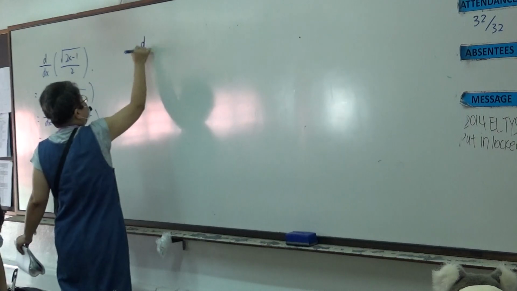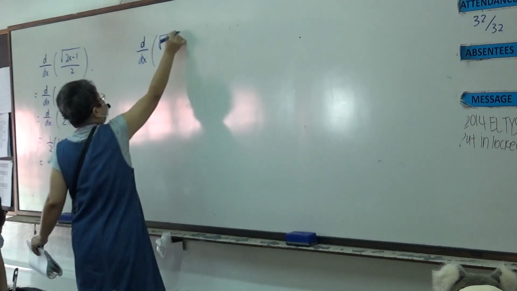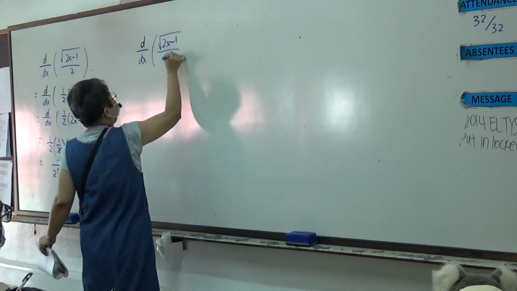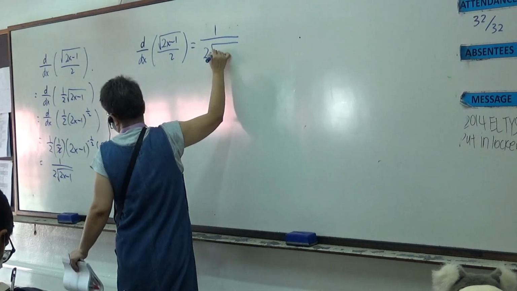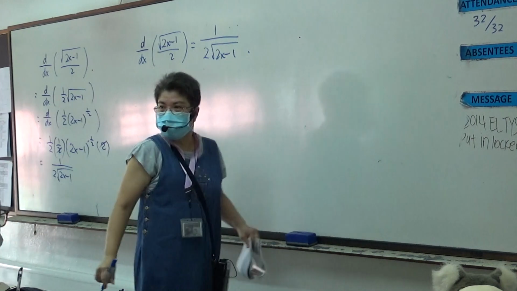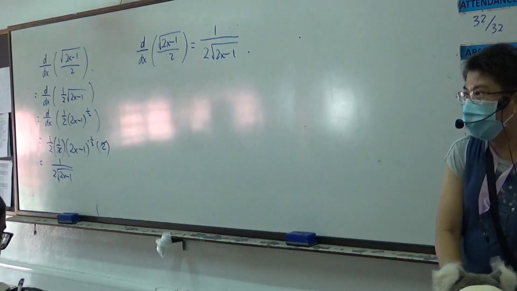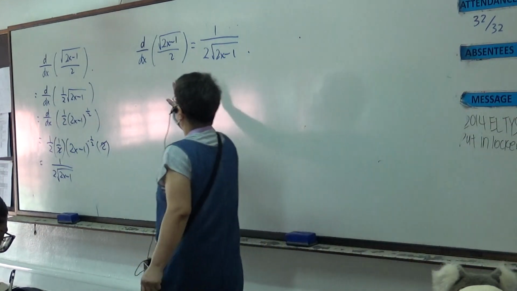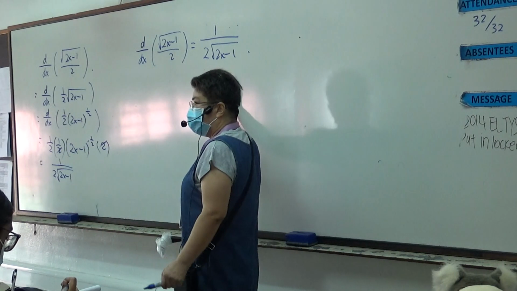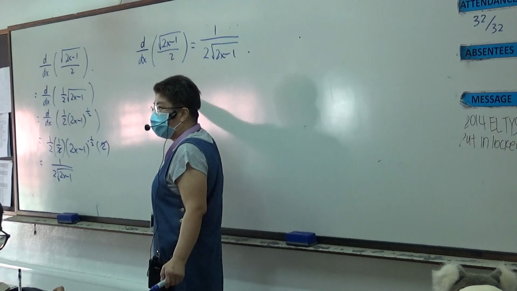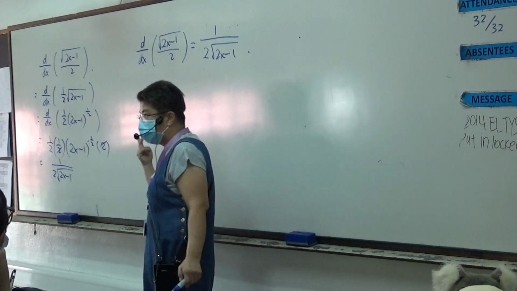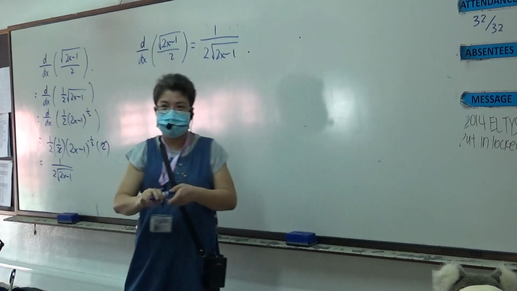That means when I differentiate this, I will get this, right? That means when I integrate this one, I will get back this one, right? Can you see the reverse order? Yes or no? Okay, so I've established this now.